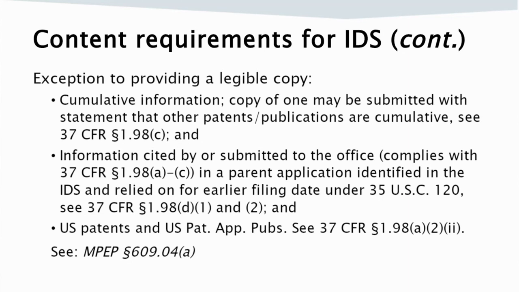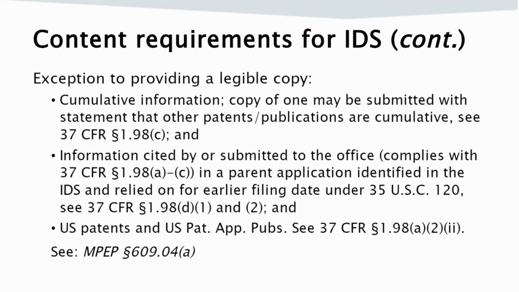If both of these conditions are met, the examiner will consider the information previously cited or submitted to the office and considered by the office in a prior application relied on under 35 U.S.C. 120. This exception to the requirement for copies of information does not apply to information which was cited in an international application under the Patent Cooperation Treaty.